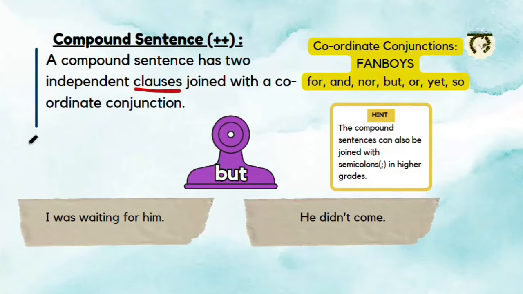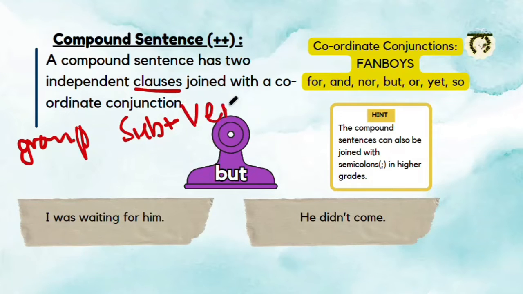Clauses are groups of words that usually have a subject and a verb, okay? And it also carries some sense. Sometimes a clause can stand as a complete sentence. Like we just saw, simple sentences were independent clauses because they have a subject, they have a verb, and they carry some sense.